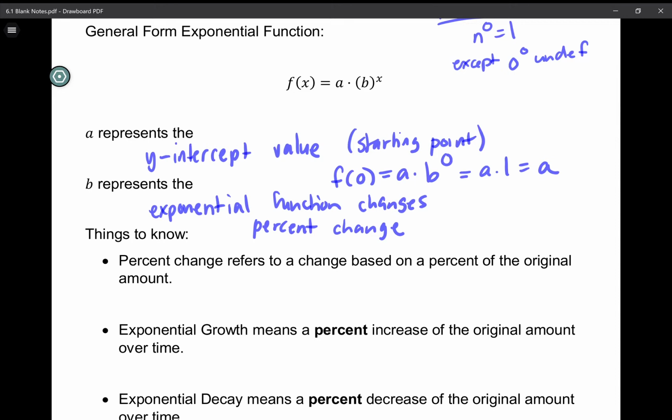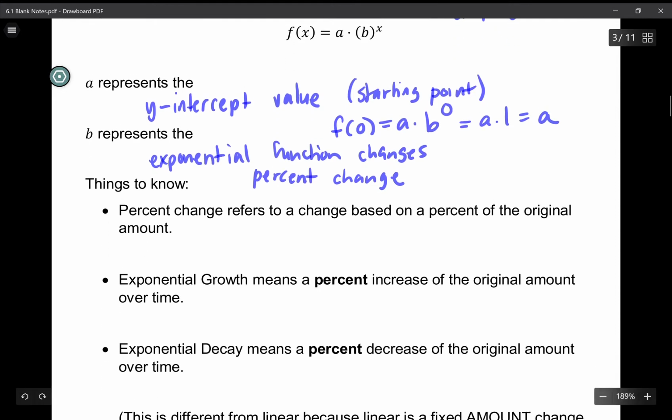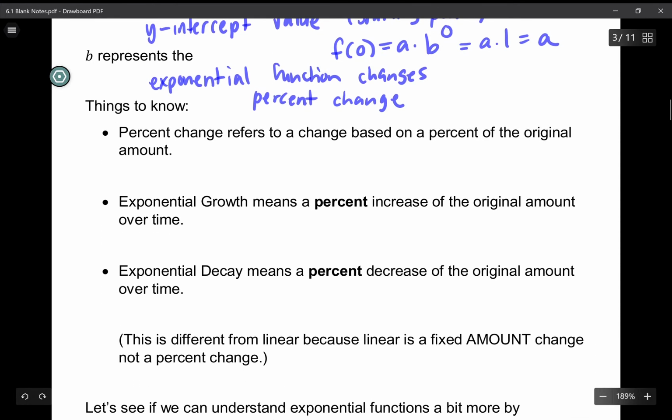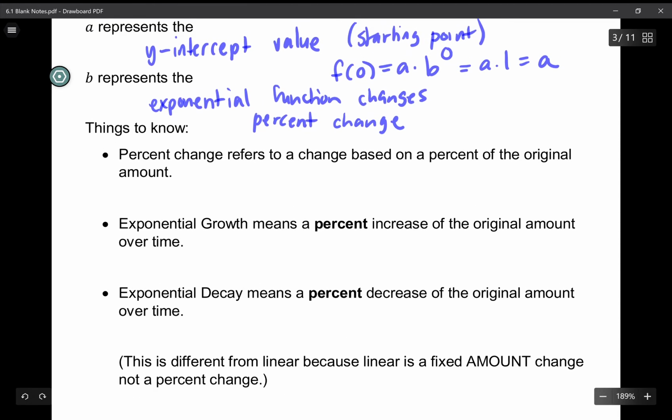If it's a percent decrease, then it would be like 2% less, 2% less, 2% less. So exponential decay means a percent decrease from the original amount over time. Now remember, this is different from linear functions because linears change by a fixed amount, not by a fixed percent. So while an exponential growth might grow 2% a year, a linear growth would go $2 per year or 2 whatever units per year, not 2%.